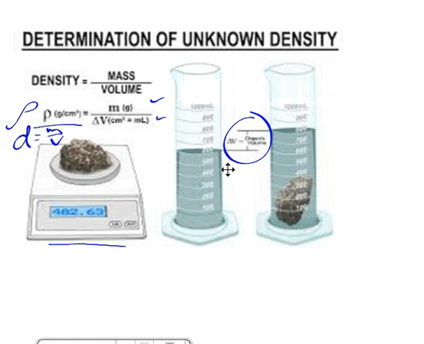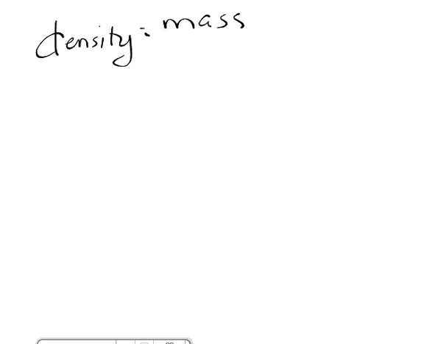But what if you know the density? What else can you find out about that material? How can you rearrange this equation to find out more? So, what if you know the density? You're given a block of steel, so a block of iron.